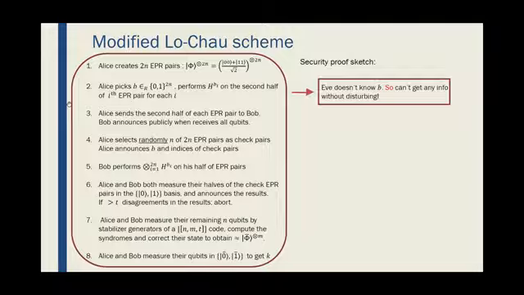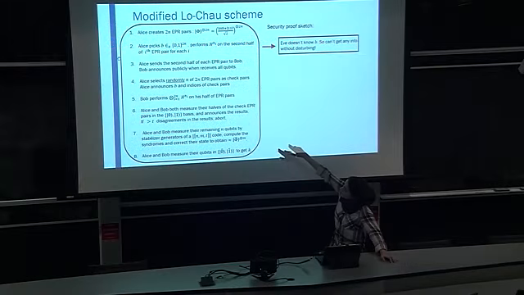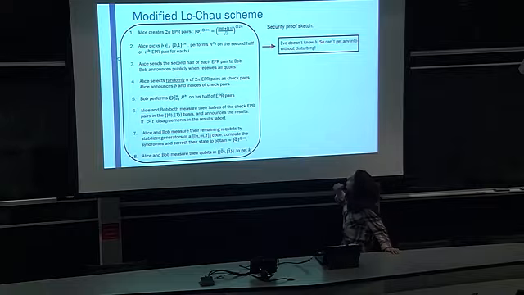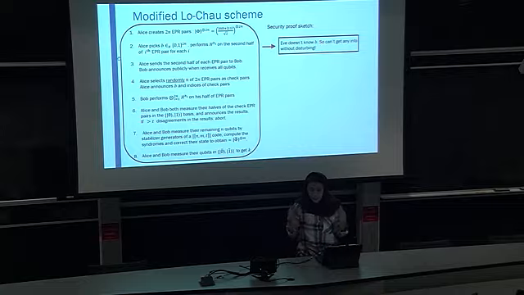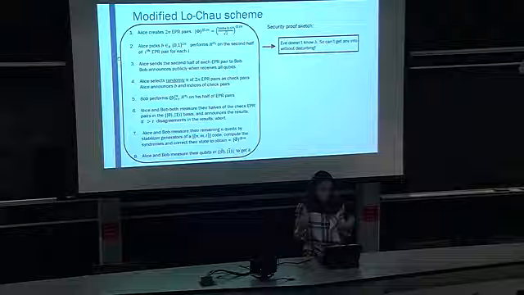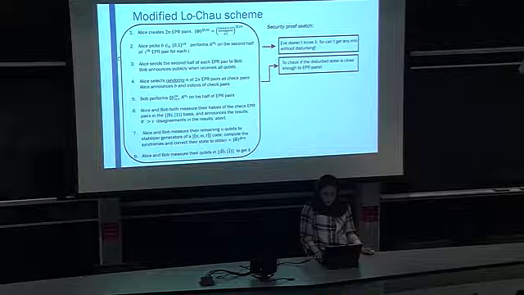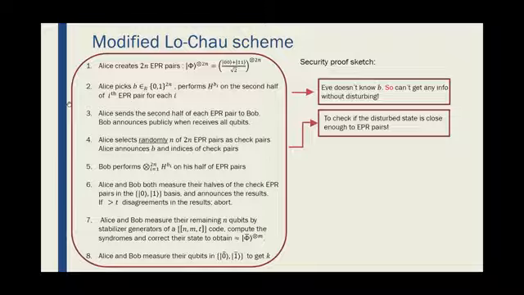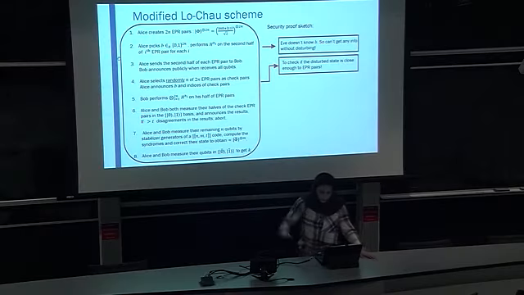So let's see a sketch of a security proof. So the first point is that by choosing b at random and applying Hadamard on the qubits which have bi equal to 1, since Eve doesn't know b, she cannot distinguish in which basis she should make the measurement. So if she makes a measurement, she will definitely disturb the state. Then Alice and Bob, in order to find the disturbance, use check pairs.